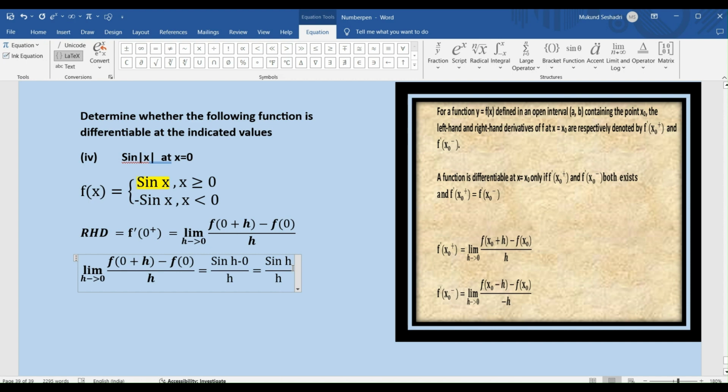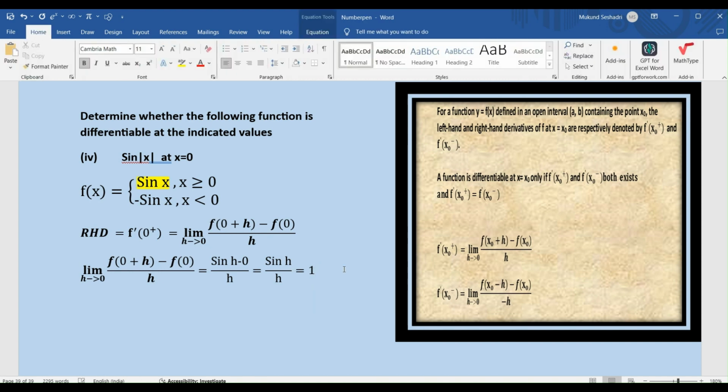As limit h tending to 0, sine h by h tends to 1. We're not going to go into the proof behind this formula here, but we know for sure that limit h tending to 0, sine h by h equals 1. So there we have our RHD. My RHD is finite. So let's jump to our LHD.